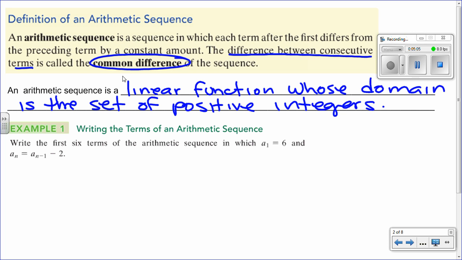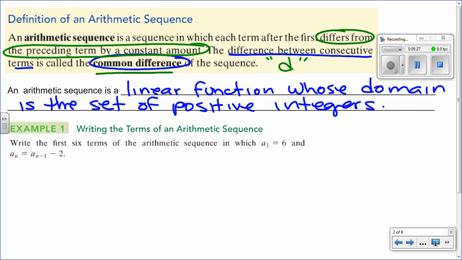Then let's go over the definition inside the box. An arithmetic sequence is a sequence in which each term after the first differs from the preceding term by a constant amount. We already talked about that. That is called the common difference, and we're going to use the letter d for difference.